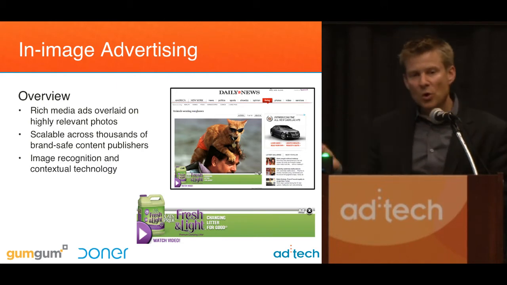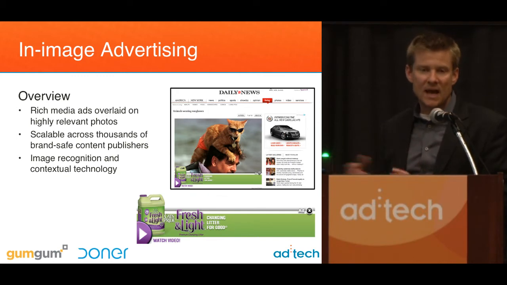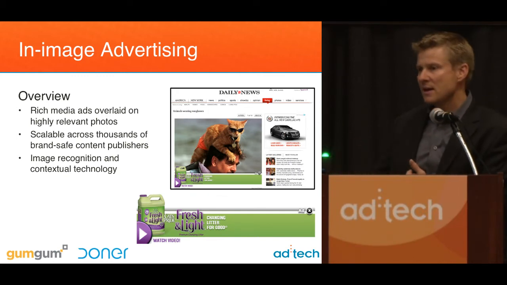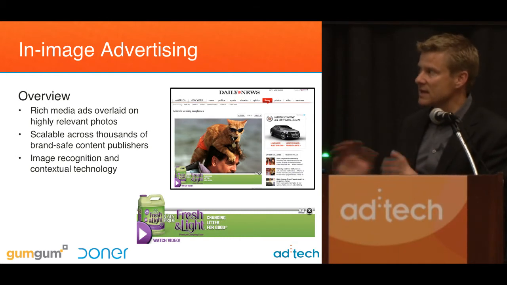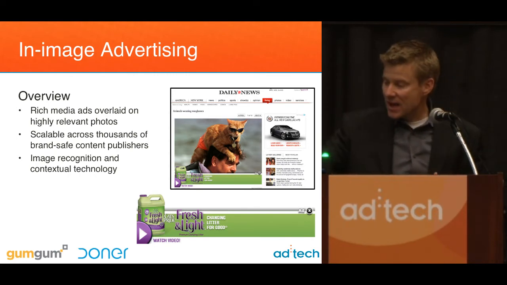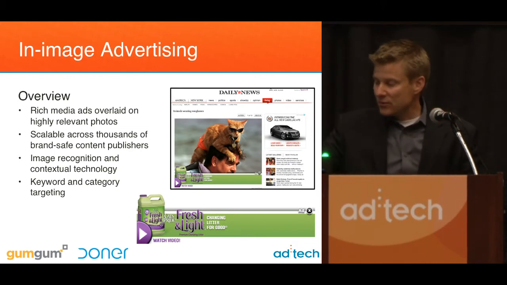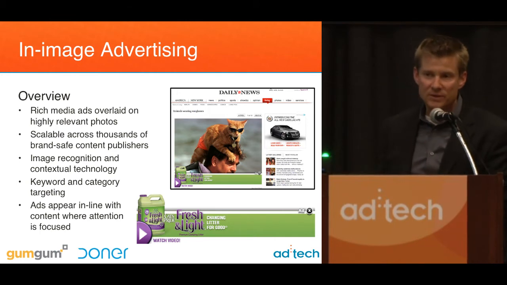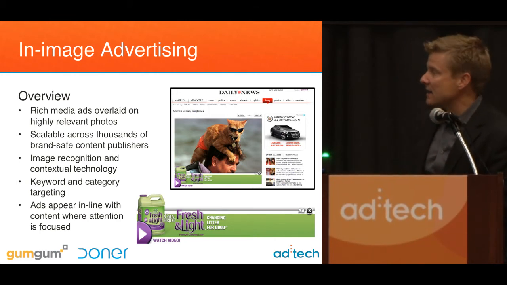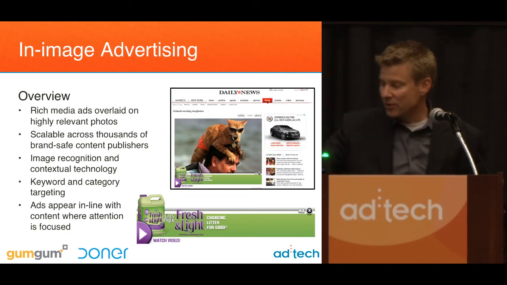And then the core technology has to do with understanding what images are about, both based on the content of the page, the contextual semantic analysis of the page, the metadata of the images, but even at a pixel-based level, image recognition technology understands what a photo is about, such that we can target ads based on a category or a keyword basis. And the result is that ads appear in line with relevant content where a user's attention is actively engaged. And so there's really no better way to share in-image advertising than to show you an example.